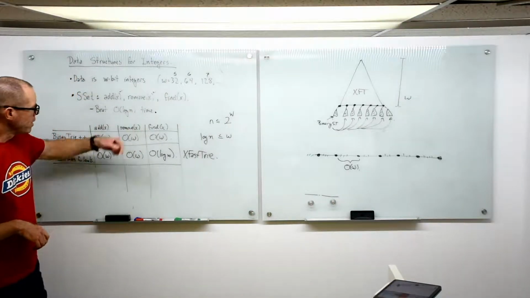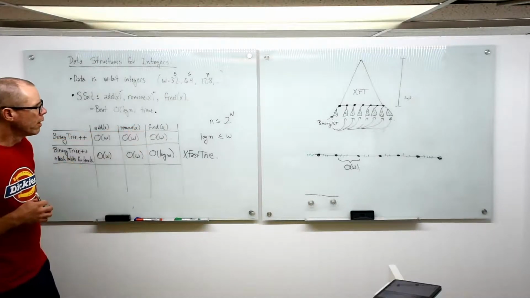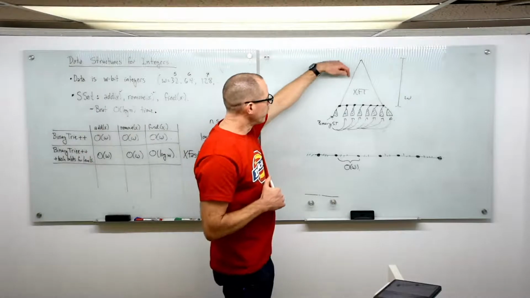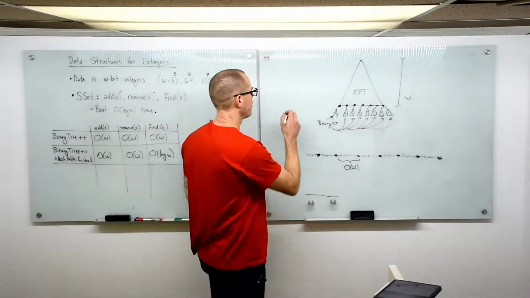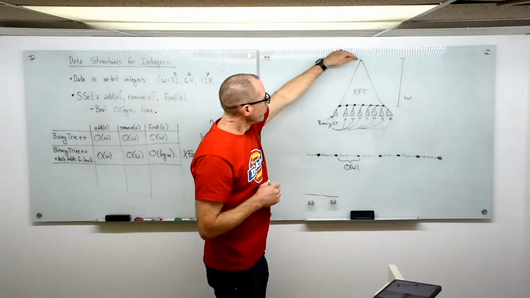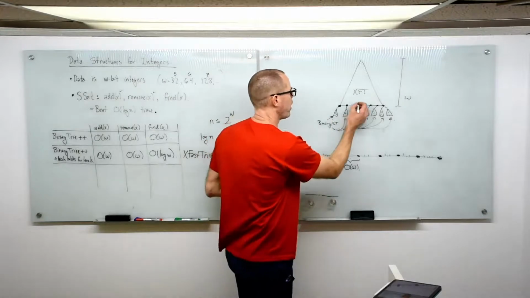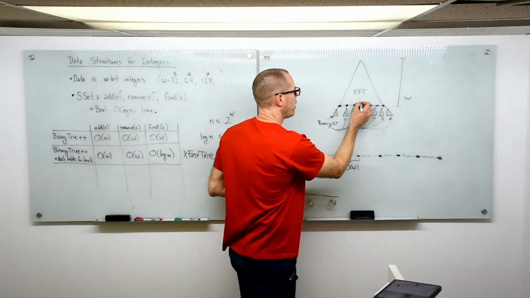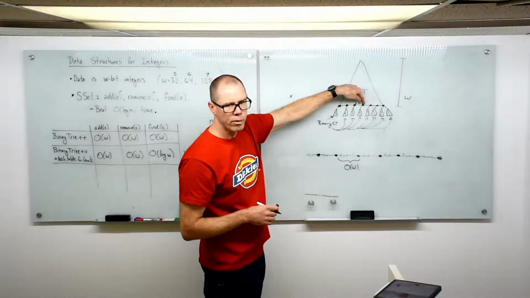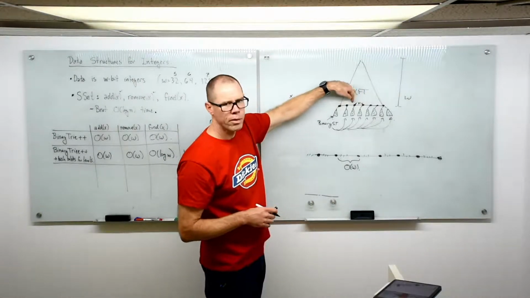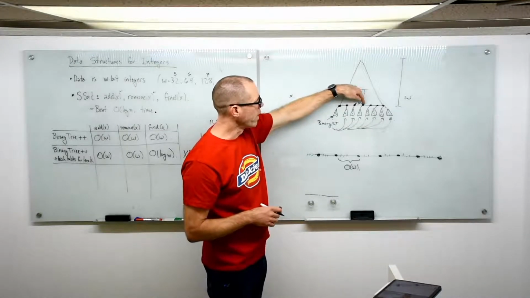All right, so what happens now? Let's see if this can do the find operation the way we would like it to. For a find operation, we are looking for some value x. We search in the XFast trie, and we find that x lies between this value and this value. Or maybe x is equal to one of these values, in which case we're done. But the interesting thing is when it lies in between these two values.